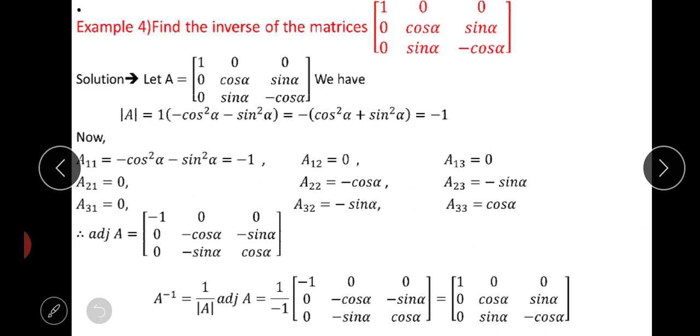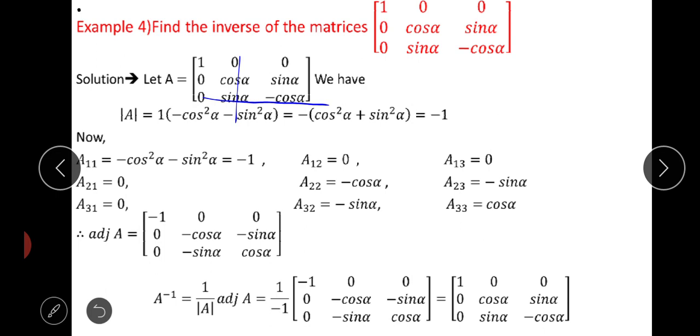Then the cofactor of A31: delete the third row and first column. Sin alpha into 0, 0, minus cos alpha into 0, 0, so 0 minus 0 is 0. Then the cofactor of A32: delete the third row and second column, sin alpha into 1, sin alpha, minus 0 into 0, 0.